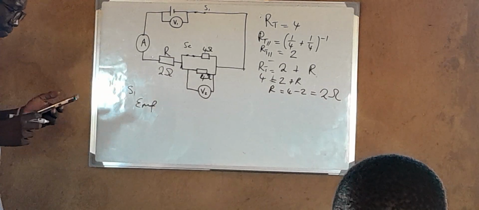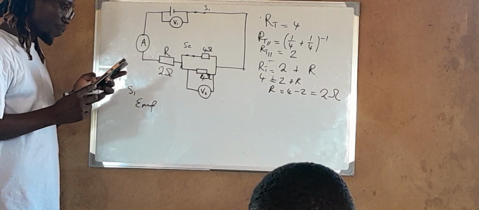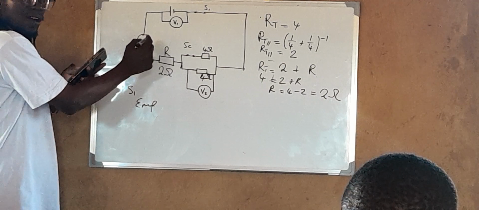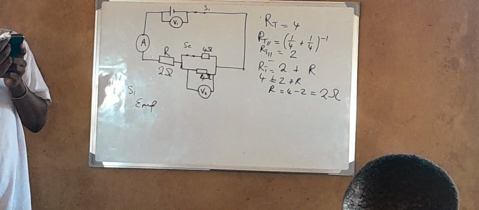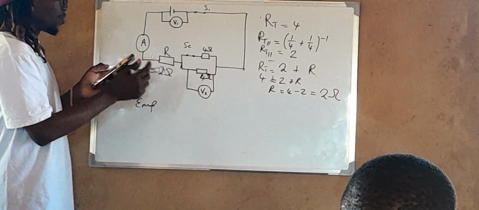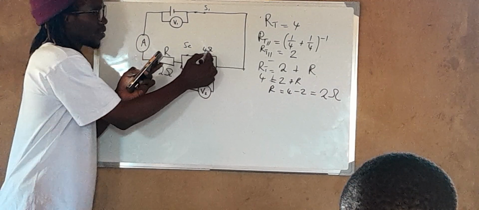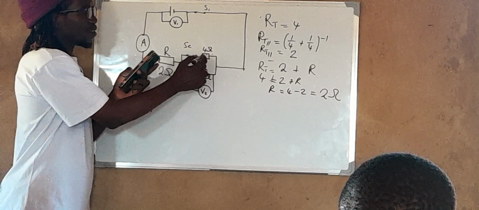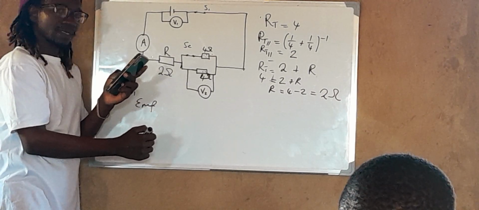Can you see that? The next question says calculate the reading on the ammeter here. So we need the current now. They said 180 coulomb passes through each of these in 2 minutes.